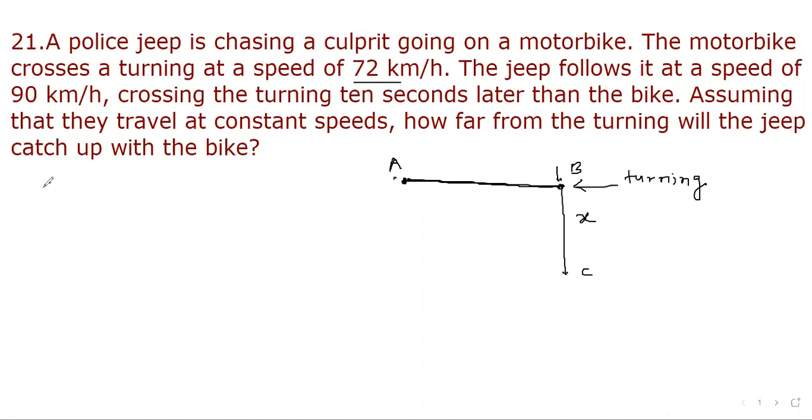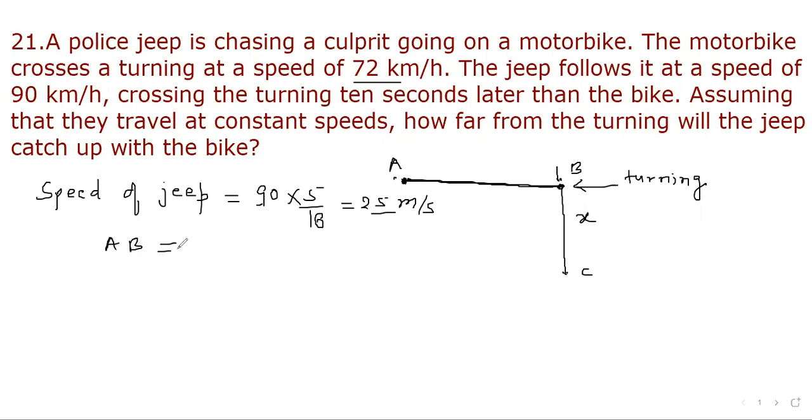So speed of the jeep is equal to 90 into 5 by 18. That is 25 meters per second. Since AB will be equal to speed into time taken by the jeep, 25 into 10, that is 250 meters.